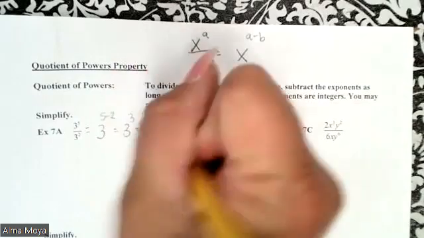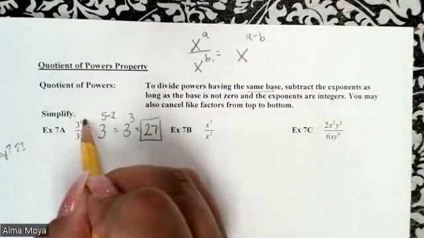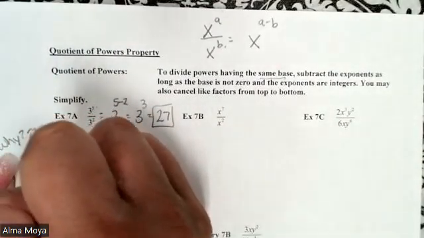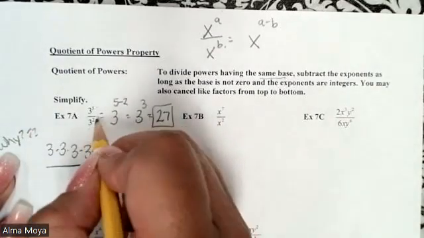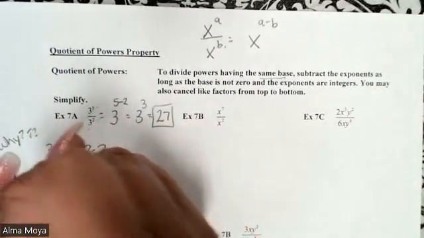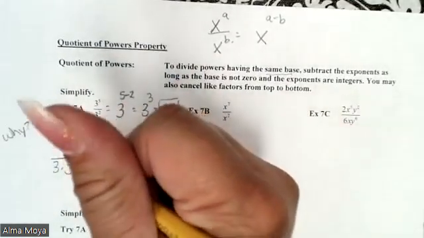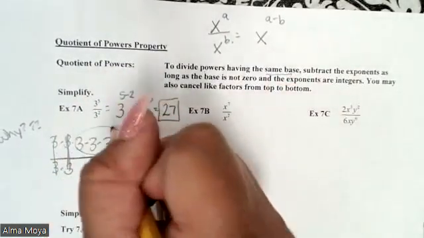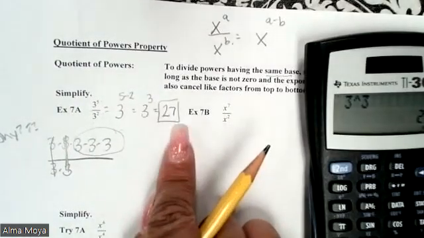Now this is the reason behind it. 3 to the 5th power means you have 5 3s in the numerator: 1, 2, 3, 4, 5. 3 squared means you have 2 3s in the denominator. Multiplication and division have the same mathematical properties, so these 3s can actually cancel out. So what am I left with? I'm left with 3 times 3 times 3, which is the same as 3 to the 3rd power, which is 27.